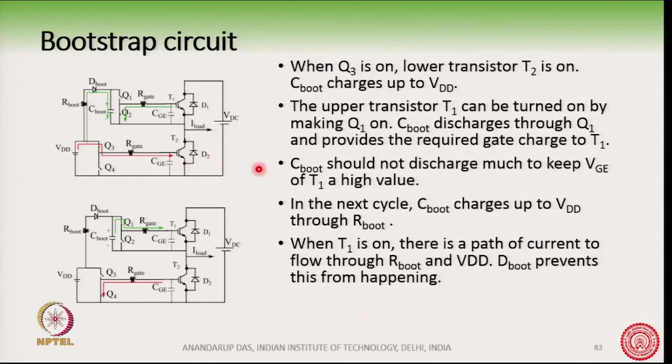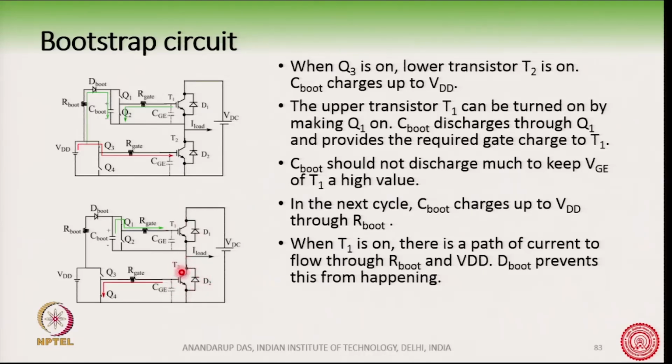Now, suppose I want to turn on the upper IGBT. The upper IGBT can be turned on by turning on Q1. Of course, when I am turning on this IGBT T1, I will turn off T2.